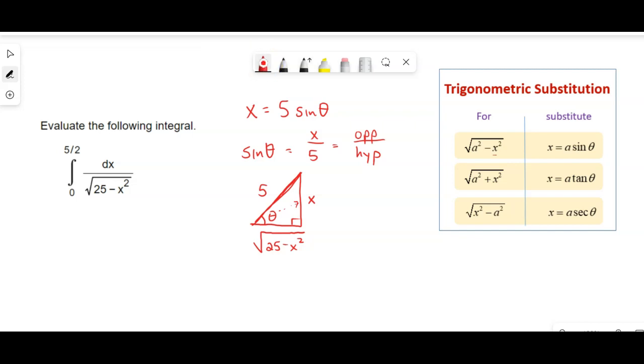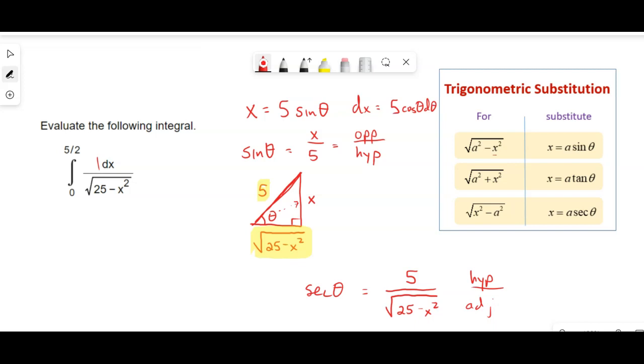Now, the numerator is just 1, so what I'm going to do here is use the hypotenuse and this adjacent side in a fraction. So 5, the hypotenuse, over the square root of 25 minus x squared, the adjacent, is hypotenuse over adjacent. And if you recall, that is the secant of theta. Now we still need to get dx, so we still need to do the same thing that we did before. So dx is equal to 5 times the cosine of theta.